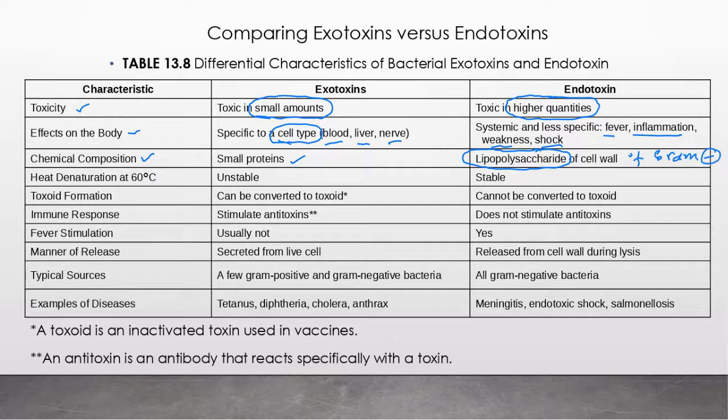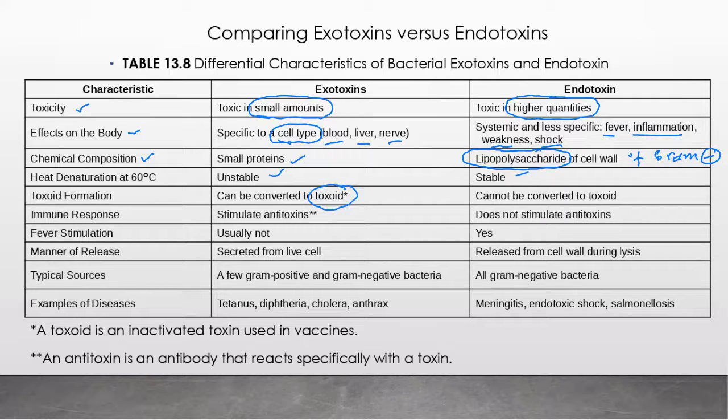So therefore, it's only produced by the gram-negative bacteria. The exotoxin is usually unstable, and the endotoxin is very stable against heat. Toxoid formation, yes. So exotoxin can be converted into toxoid.